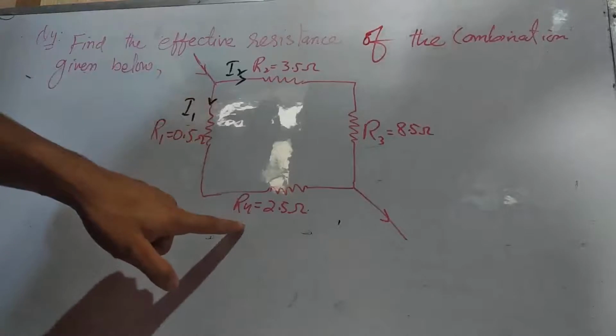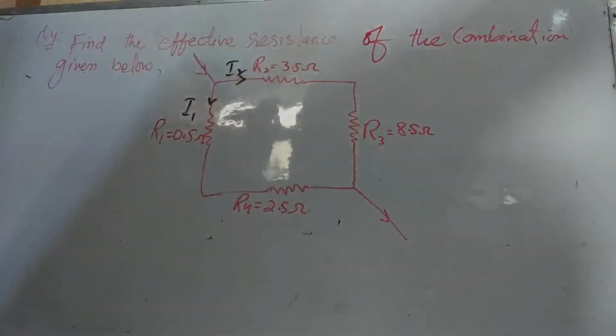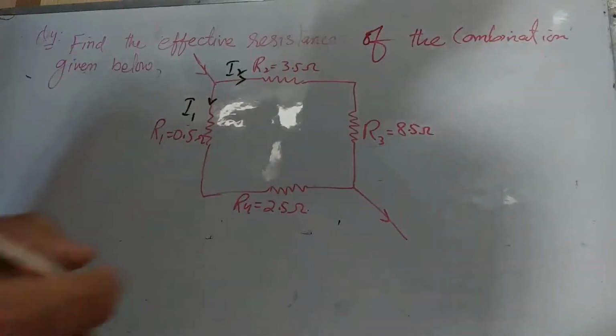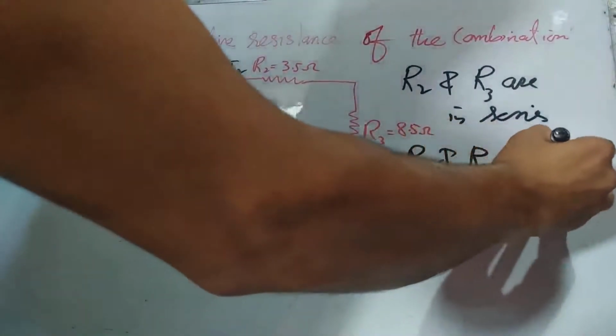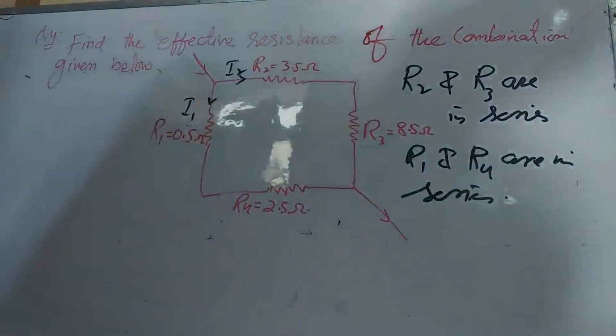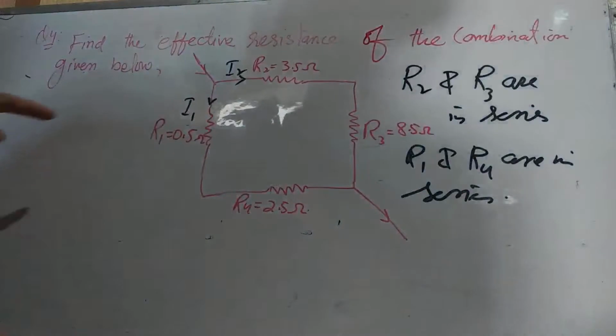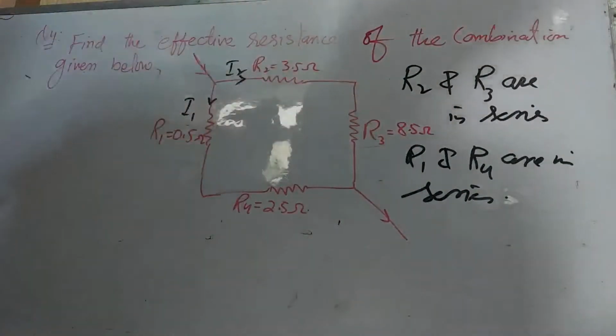R1 and R4 are in series, and R2 and R3 are in series combination. So I can calculate the net effective resistance.